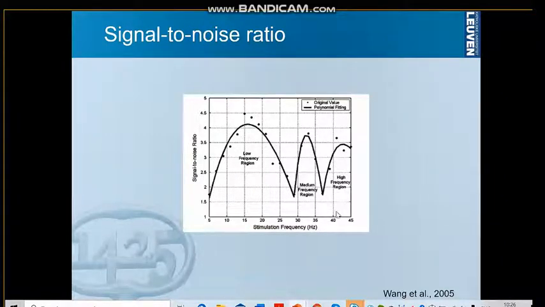Actually, you can place your stimuli wherever you want. The signal noise ratio will be more or less the same, but you have to know that the amplitude will be affected, but not so much the signal noise ratio. That's a bit of good news. But anyway, the selection of the frequency range is subject to careful consideration.